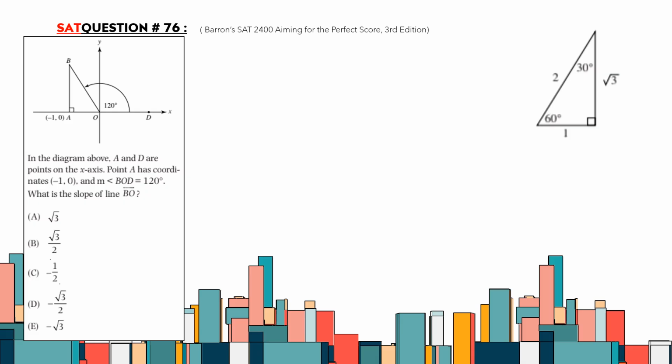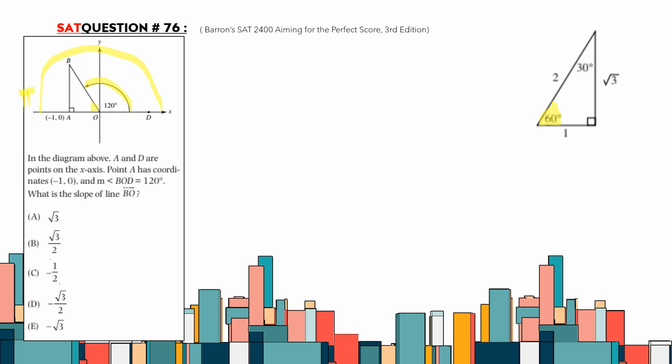So we have some highlight, and we see that we have the angle. The bigger angle right here is pi. It's easy for us to find that angle, and that angle is 60 degrees.